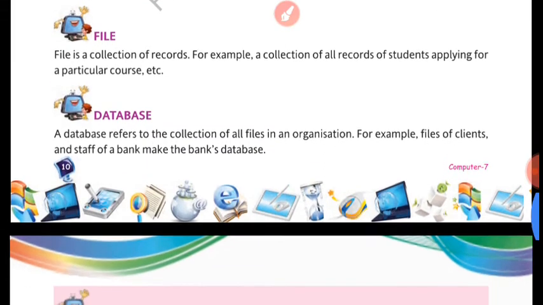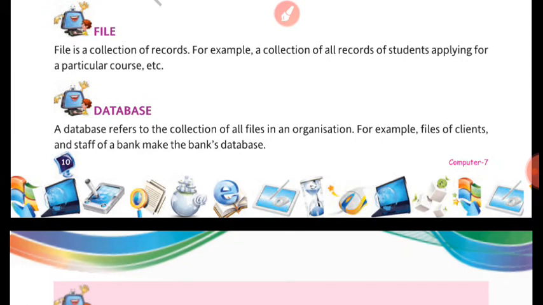Next is file. If we have many records of the students, that will form a file. For example, the records of all the students of your section will make a file. Database is a large collection of the files. In the school, the data of all the students studying in your school is called the database.